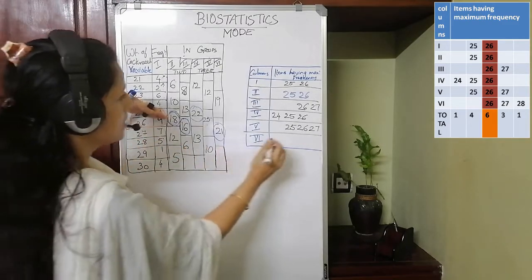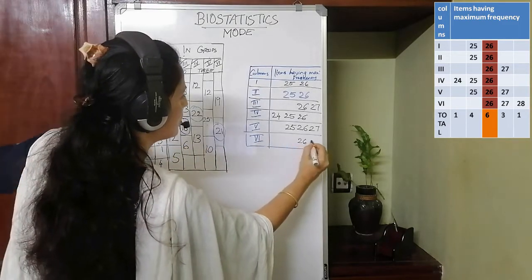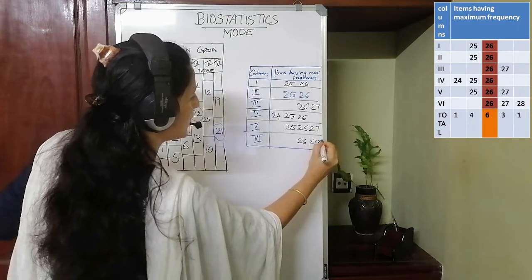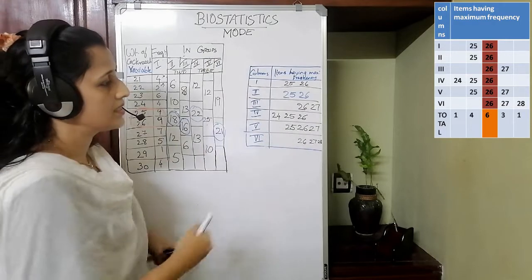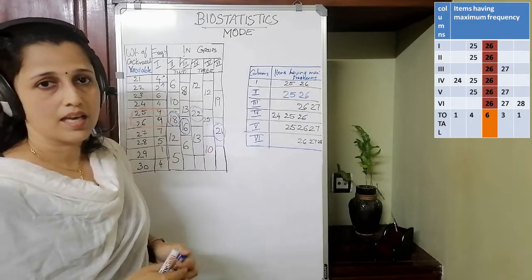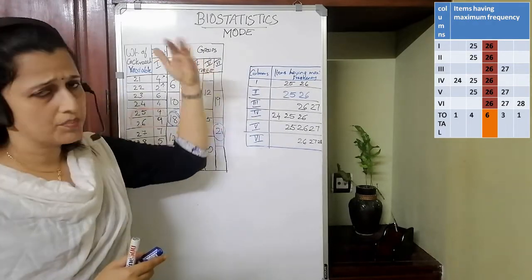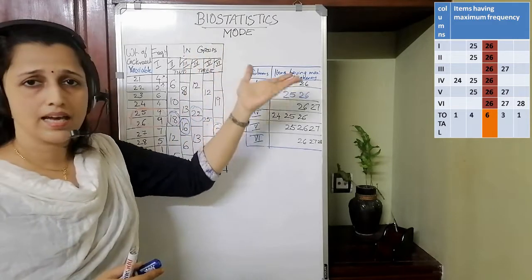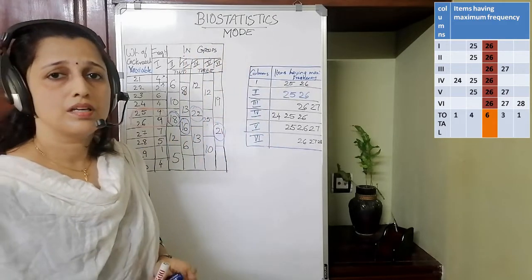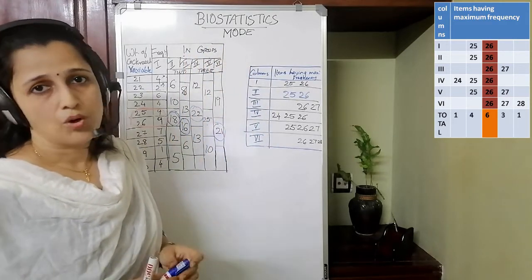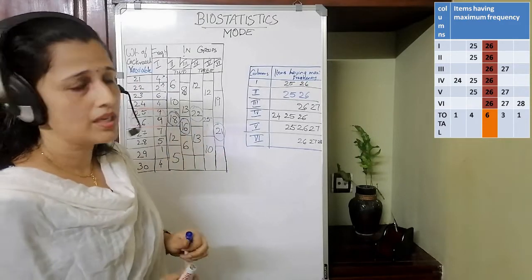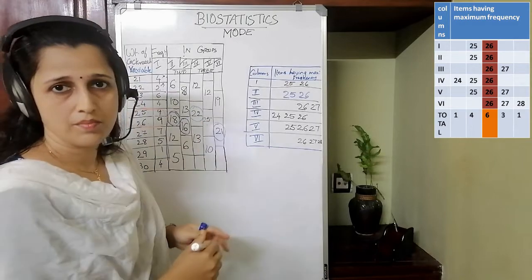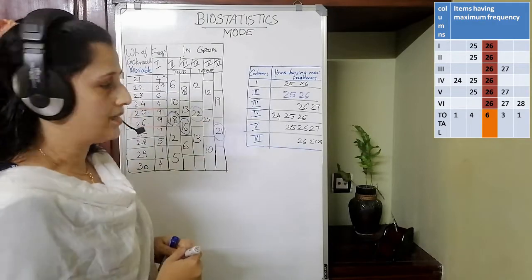So you can write here 26, 27 and 28. That is how we complete this table. We can even go up to column 7, 8, 9, depending on whether the variable is multimodal also, because this is bimodal, 6 columns would be enough. We can write as many columns as we like depending on the need.